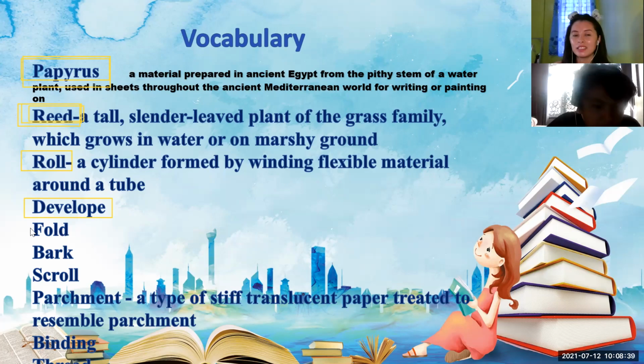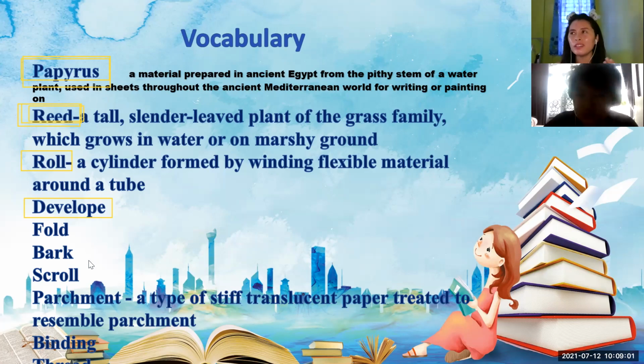Is fold. Oh, that's fold. So when you say fold, you will just fold like that. So when you have a book or notebook, then you can fold it like that. Okay, that is fold. The next one is bark.